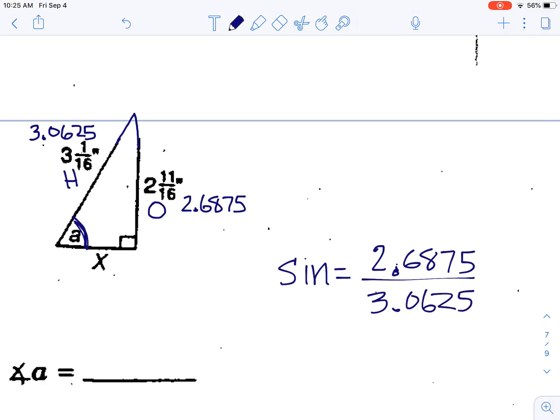And then I go, oh, wait a minute, I'm trying to find the angle, so that means that I'm going to use the inverse sine, and then I'm going to put the rest of the problem in there and divide it.